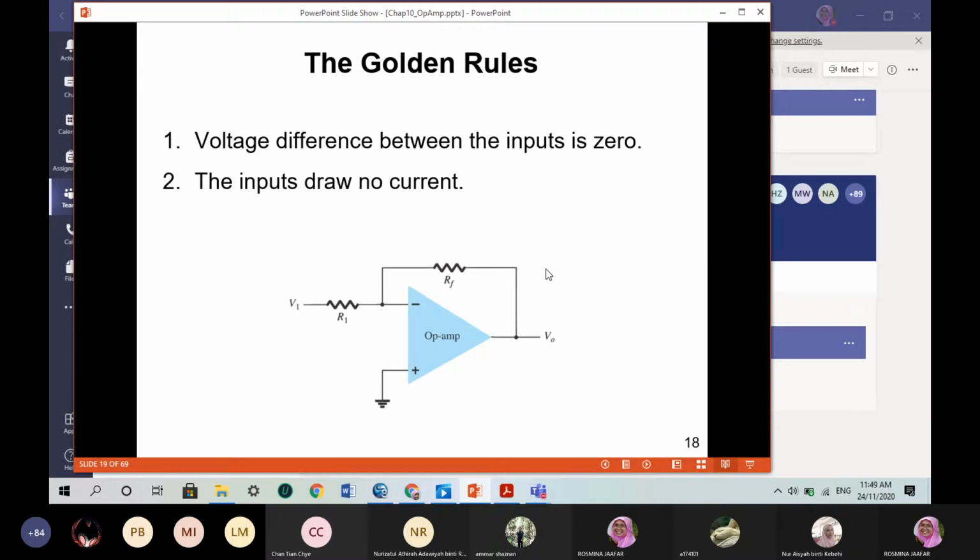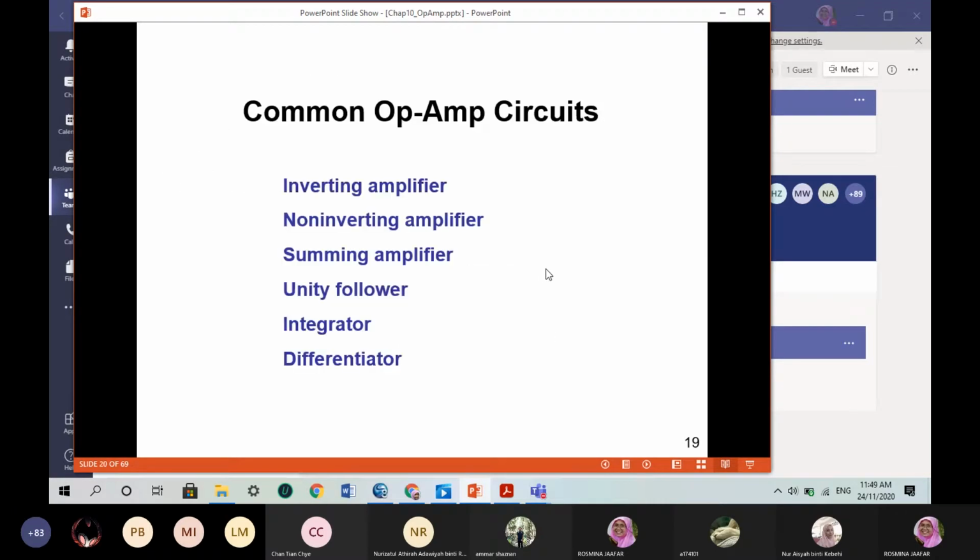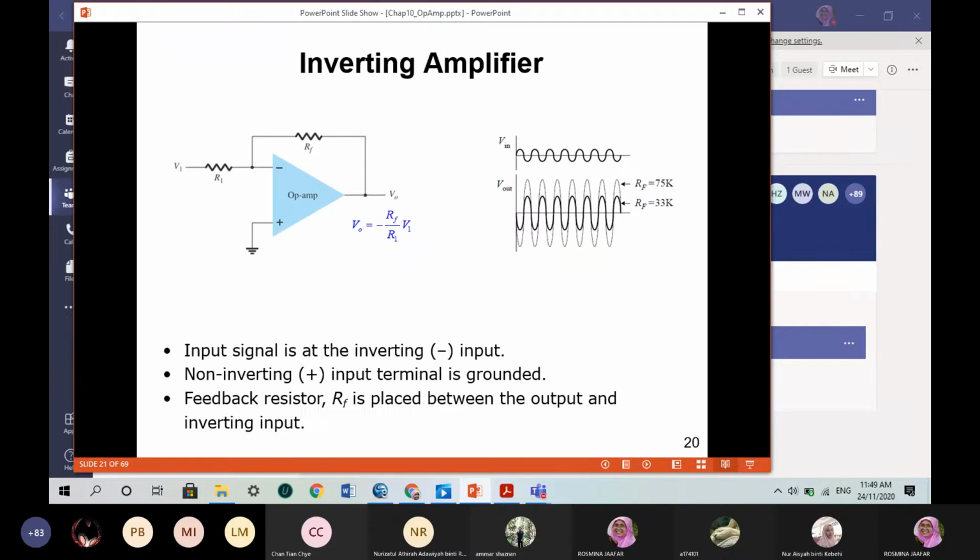Okay, and with that arrangement, you can make the op-amp into an inverting amplifier or non-inverting amplifier, summing amplifier, unity follower, integrator, differentiator, comparator too. So there are many other arrangements.